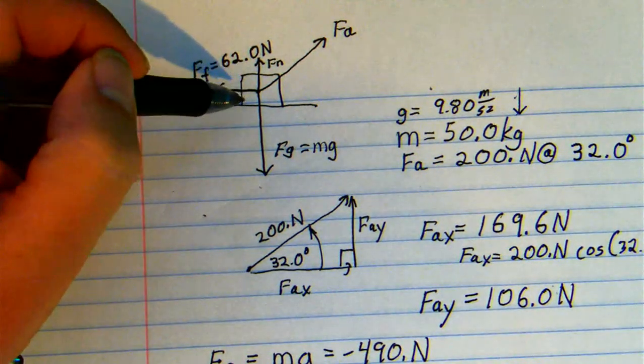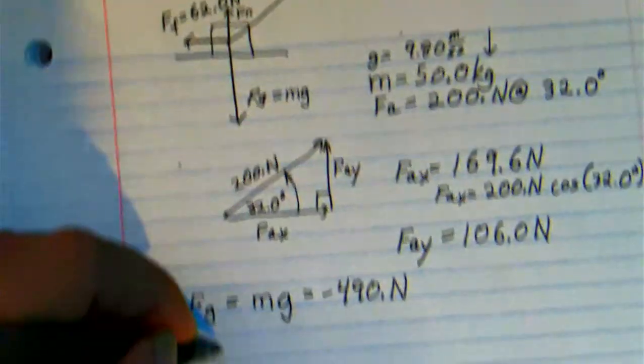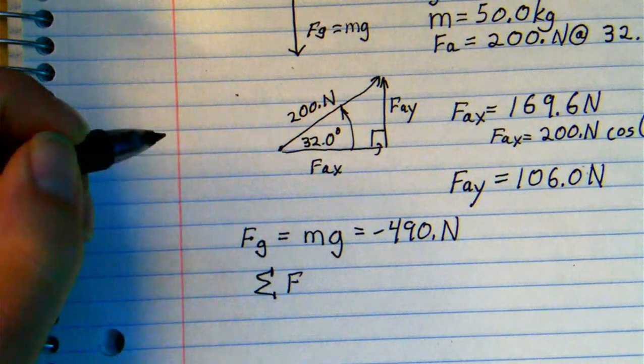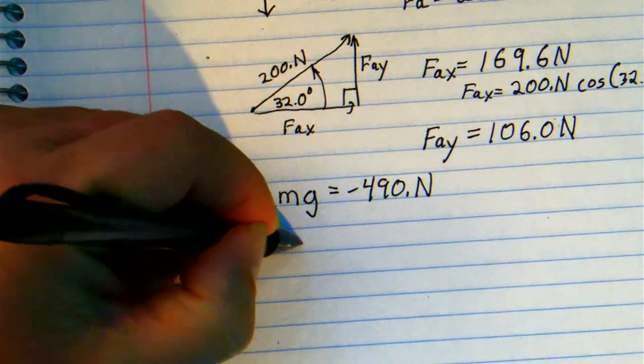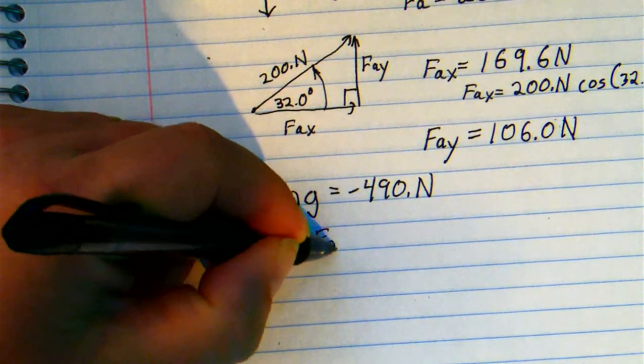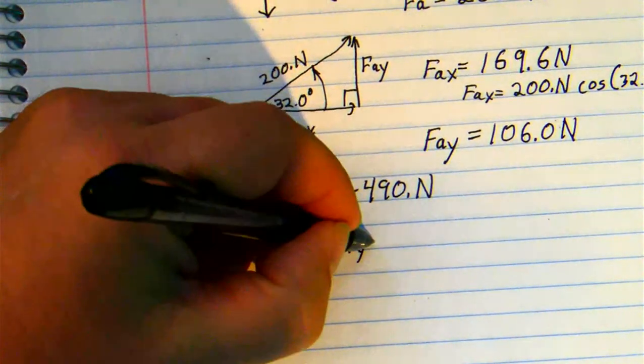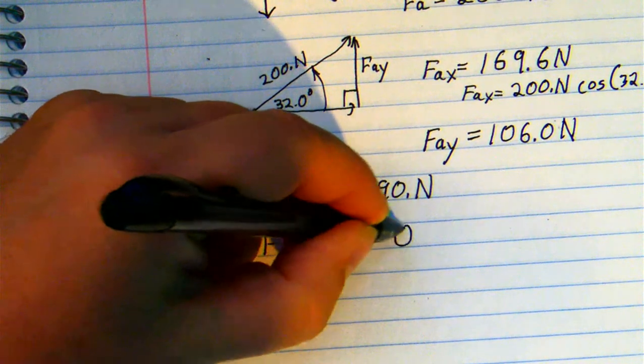I agree. That means the vertical sum of all the forces, which is, of course, the net force in the vertical direction, have to add up to 0.